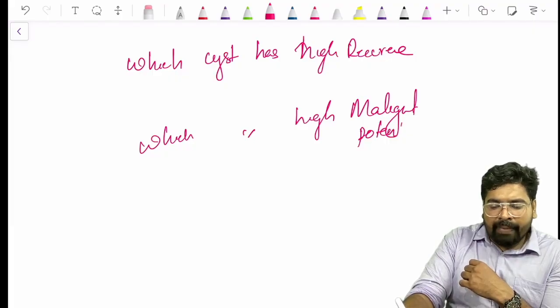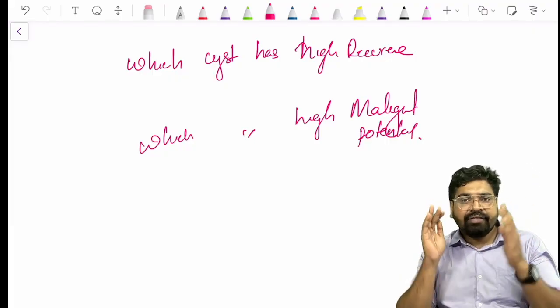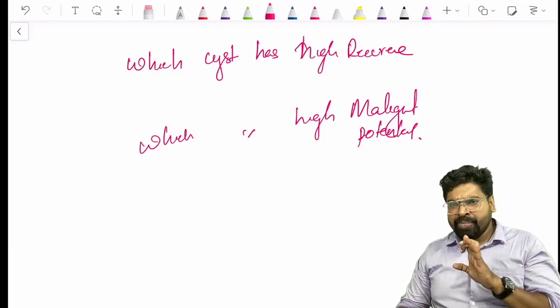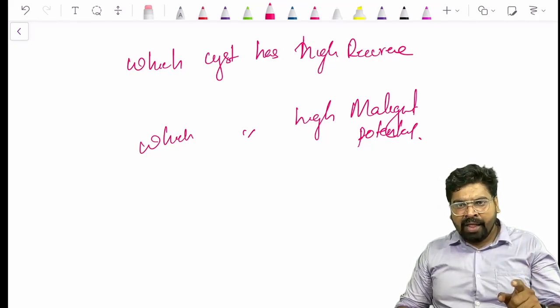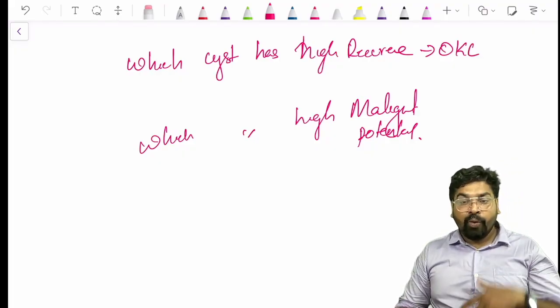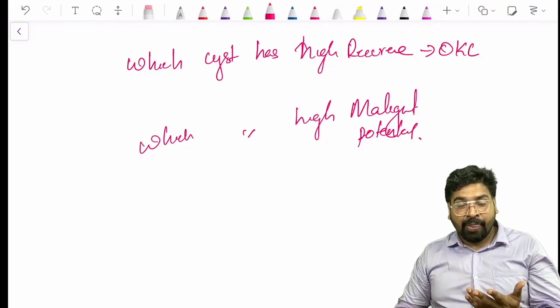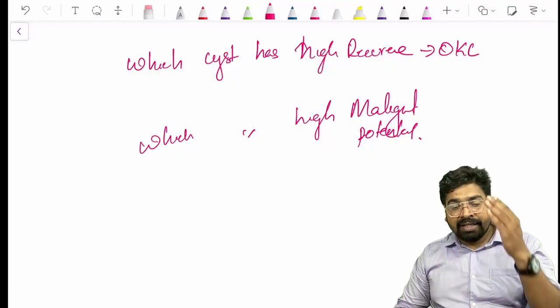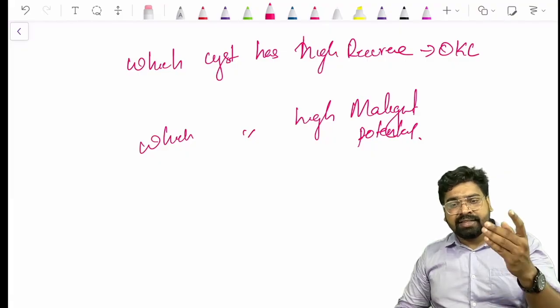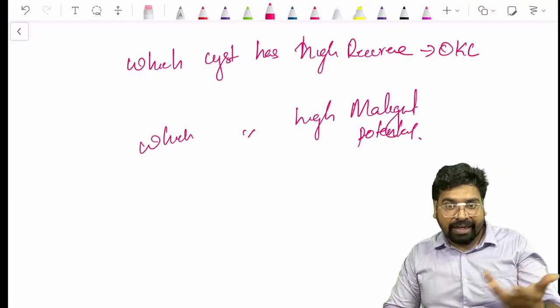Many of the students have made confusion in this. Many of the students have made this question wrong. So please remember, OKC has a high recurrence. OKC, the intrinsic potential of the lining, the satellite cysts, and the friable lining will make it more recurring.